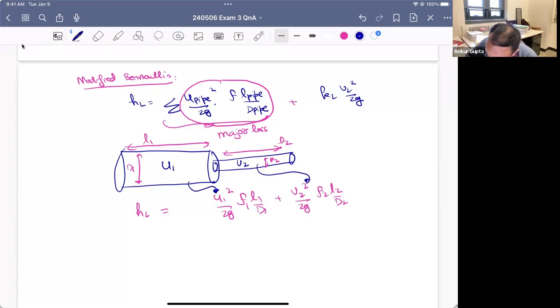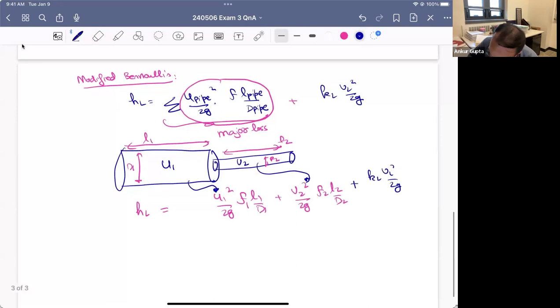For the minor loss, however, K_L U_L square by 2g, this is something you shouldn't worry about. This will be provided. We'll tell you to use the velocity in the larger pipe or the velocity in the smaller pipe. That will be explicitly mentioned. And if we say ignore minor losses, then you can just obviously ignore this term.